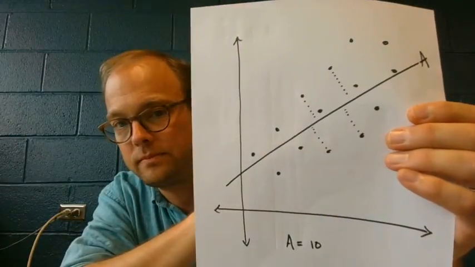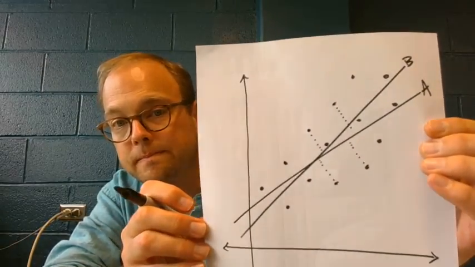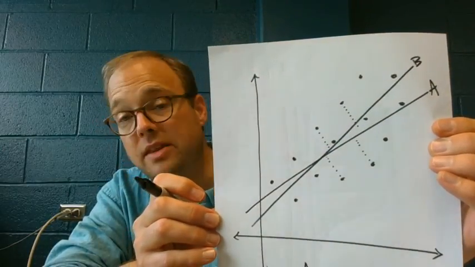Now, that might be the line of best fit. It might not be. I'm going to draw another line. I'm going to call this line B. Maybe line B is the line of best fit. I don't know. Let's find out.